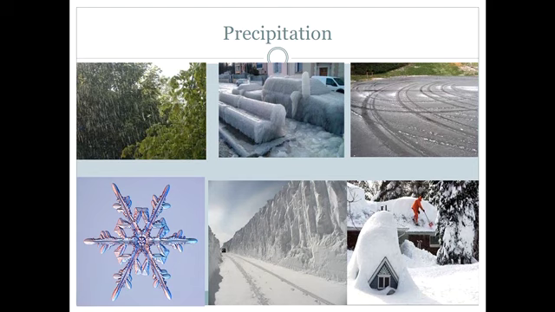So here are some pictures to show you the different types of precipitation. The first picture that you see up in the top left hand corner is just normal rain drizzle. Then the second picture you see is freezing rain. As you can see, you've got a park bench, a couple of cars, and it looks like you may have a little meter that calculates the time that car's been there, and it is completely frozen over.